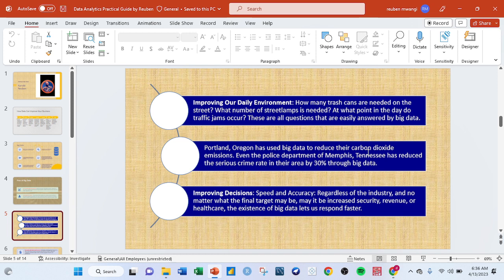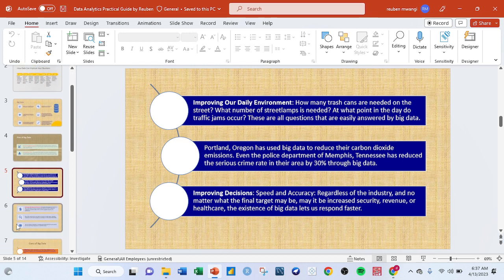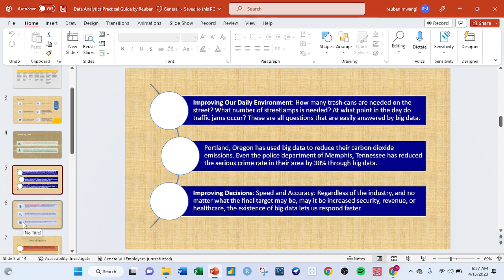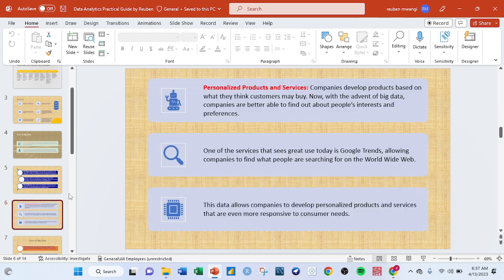If you analyze data, you are able to get the right conclusions based on it. So we're saying your conclusion must be based on facts. You must use your facts to make a conclusion.